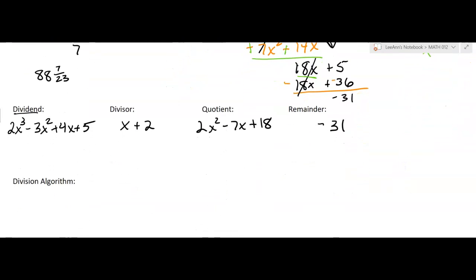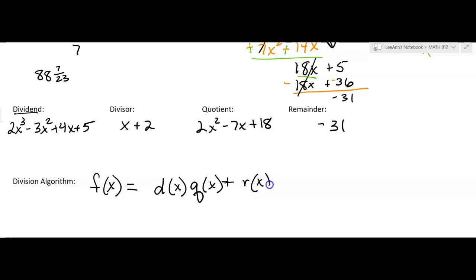Now, there's what we call the division algorithm. The division algorithm says this. It says if you have a polynomial, f of x, okay, and you divide it, then you can take the divisor, d of x, times the quotient, which is another polynomial, plus the remainder.